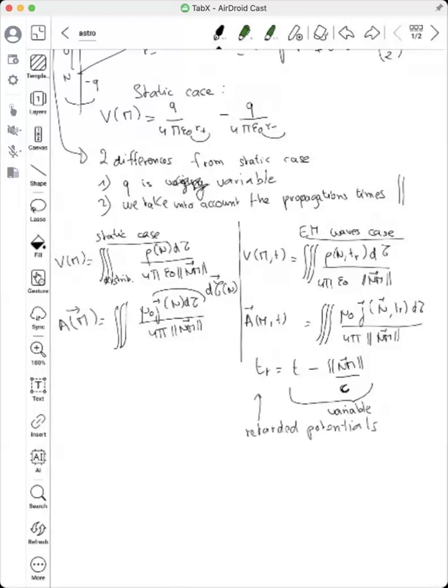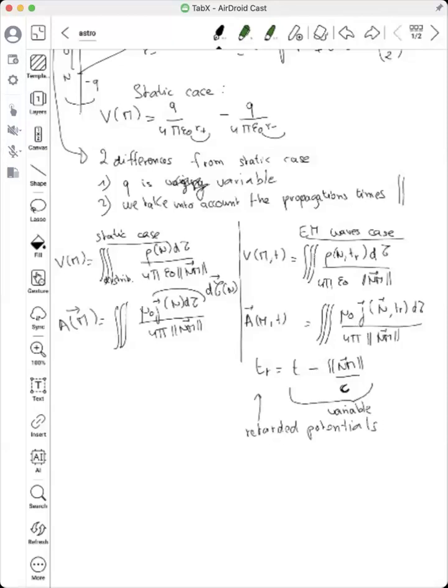So in fact, I would have to show that A and V are solutions of the wave equations, okay? And this is actually equivalent to showing that these two expressions of V and A are indeed solutions of the Maxwell equations, right? It's equivalent because I'm deriving the wave equation from Maxwell. Okay, but this is something that I'm not going to do now in detail.